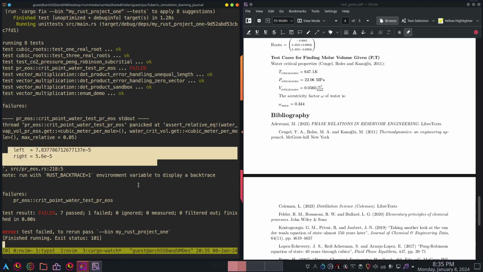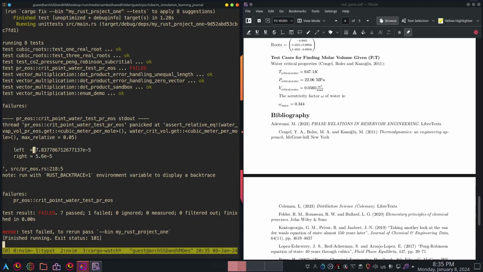On the left it says that the water vapor volume is like 7.8377 times 10 to the minus 5. This is quite different from the critical volume at approximately 5.6 times 10 to the minus 5.